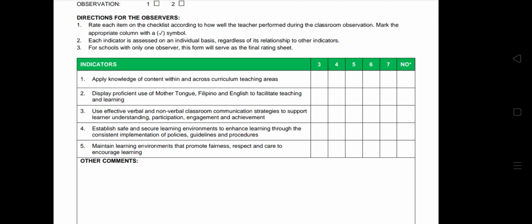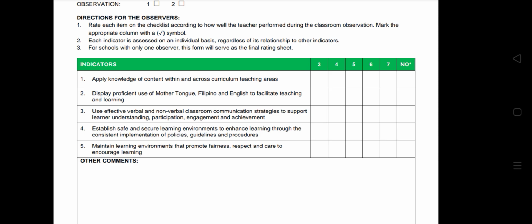Okay? Magbibigay kami ng 3 if the teacher rarely implements, meaning seldom occurs. Magbibigay kami ng 4 if the teacher occasionally, meaning irregularly occurs.